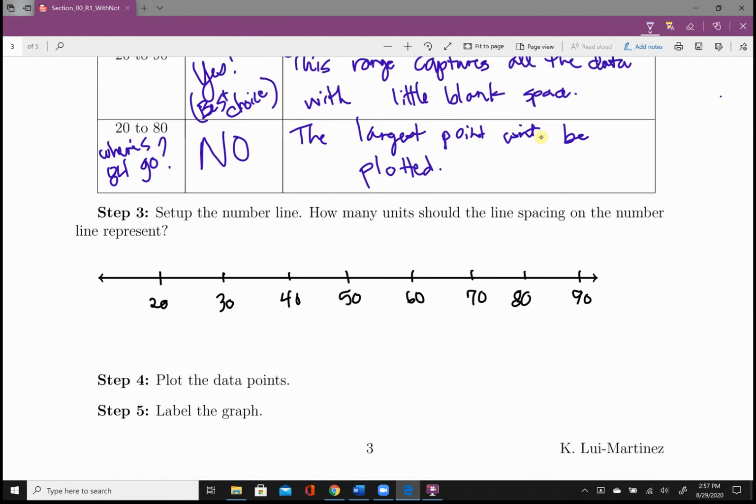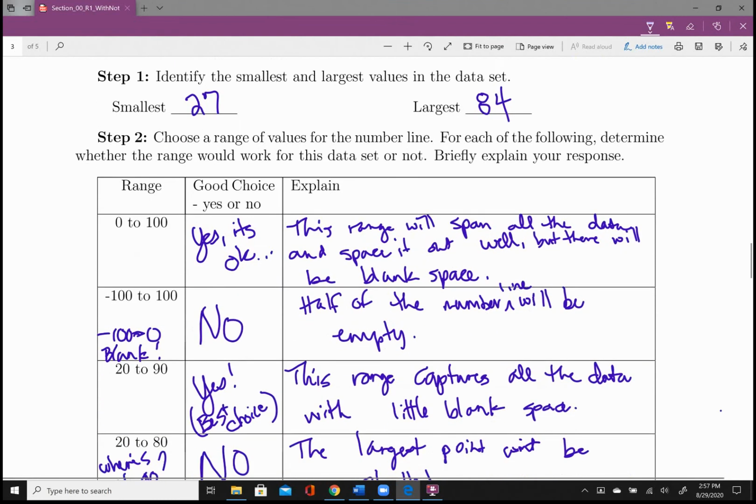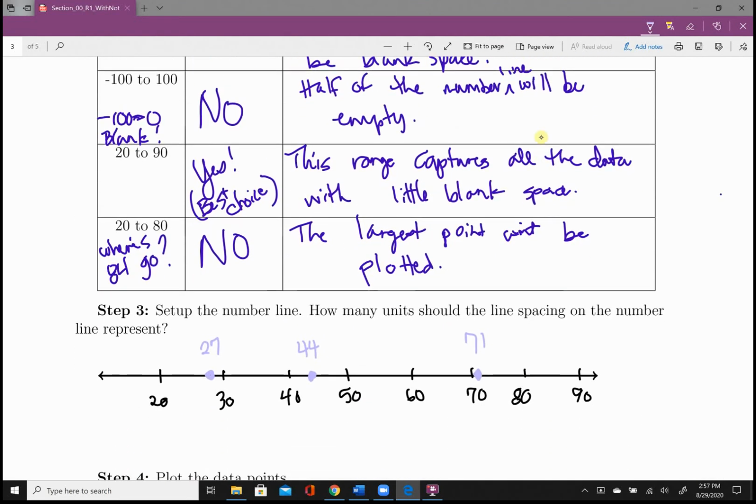So 27 we'll say is about here-ish. 27, 44, so halfway between 40 and 50, but slightly in, and by in I mean to the left. 44, 71, that's just going to be just a little bit above 70 right there. 71, and what was the next? 84, 68, 34. 84, halfway between but slightly to the left.